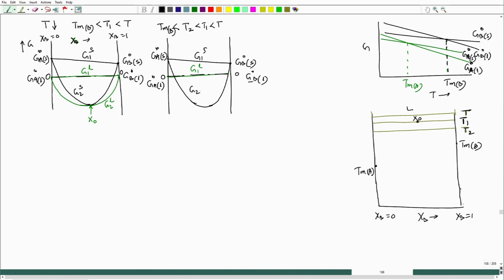This is G2 solid and G2 liquid would be, this is G2 liquid, and I see that two tangents we can draw in order to decide the equilibrium phases at temperature T2.